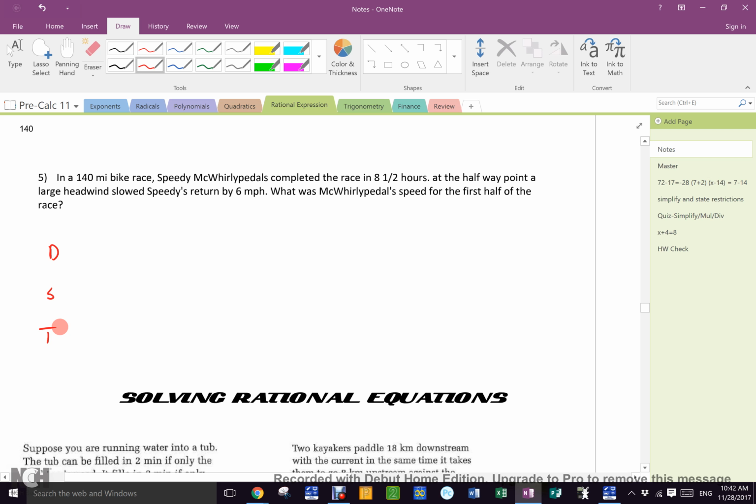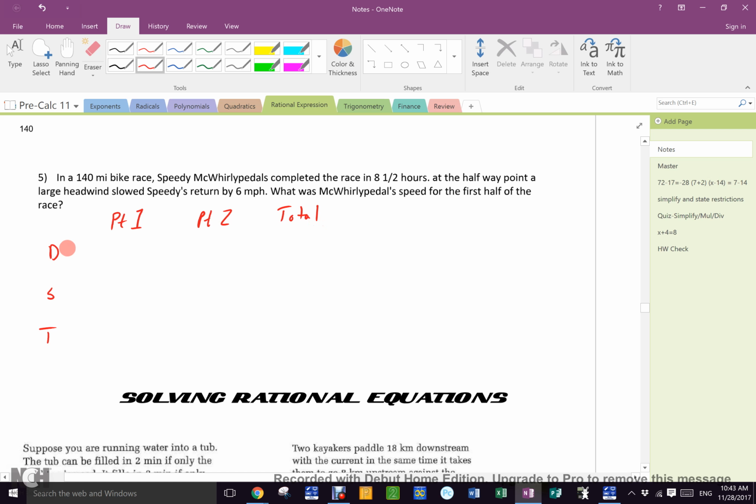Halfway through, his speed is slowed down. So how many stages of his speed do I have? Two. There's part 1, part 2, and of course we have a total, don't we?